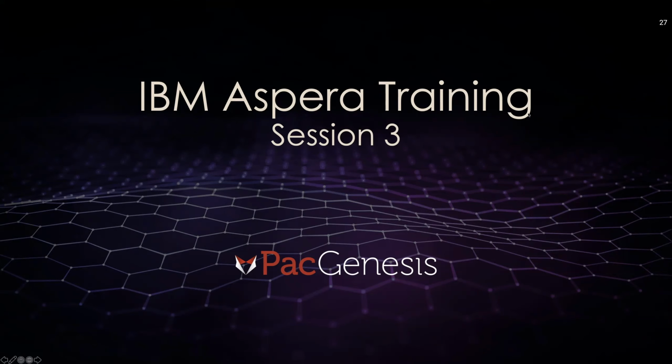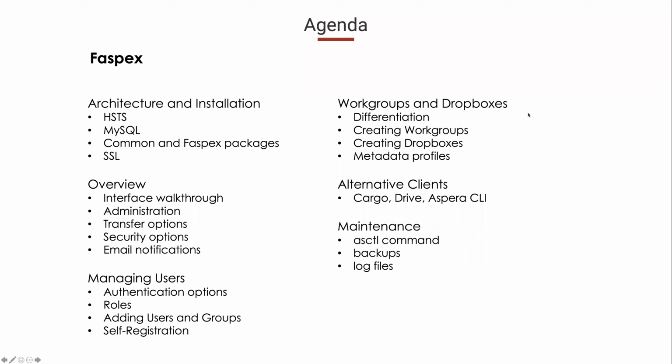So today we're going to be specifically taking a look at Aspera Faspex. Aspera Faspex is one of the two main web applications that have long been available for customer deployed installations.